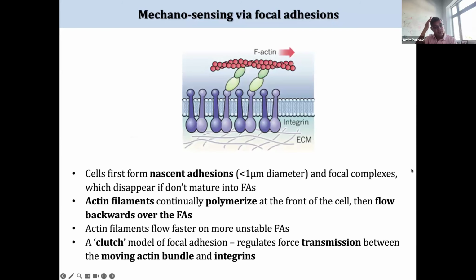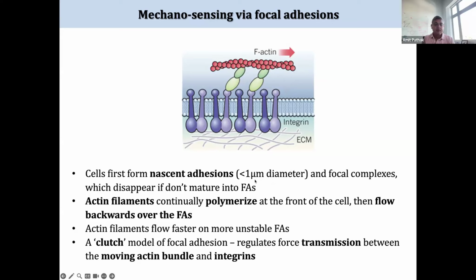Go back to focal adhesions. Let's revisit this idea, because we do want to understand this in detail. There's the ECM, there is the integrin, and there are these focal adhesion proteins in different colors of green, and an actin fiber, in this case sliding over.